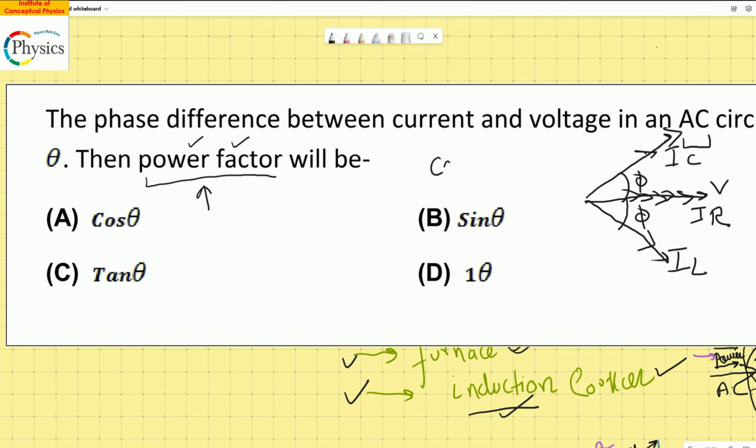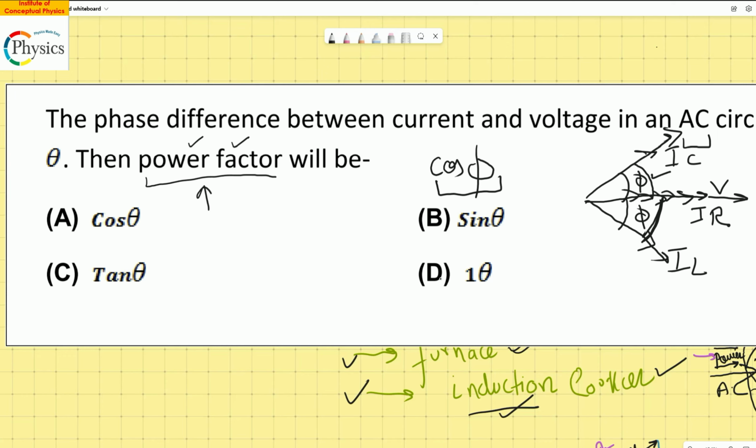The cos of this angle, between voltage, which is in this direction, and the current, which is lagging in the case of inductor and leading in the case of capacitor, the cos of that angle is called the power factor.